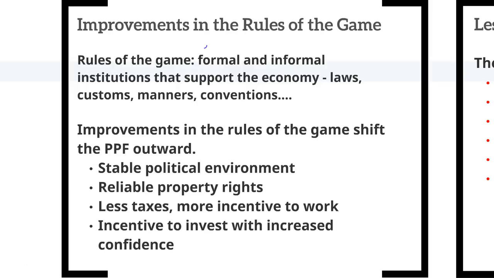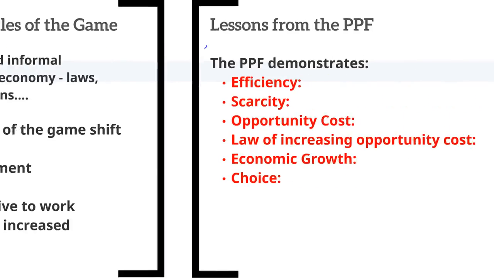The rules of the game are laws, customs, manners, conventions. So improvements in the rules of the game shift the PPF outward. A stable political environment, if things go from unstable to stable, it would shift it outward. Reliable property rights, less taxes, more incentive to work, incentive to invest with increased confidence. Those are all changes in the rules of the game, and they're going to shift the PPF outward.